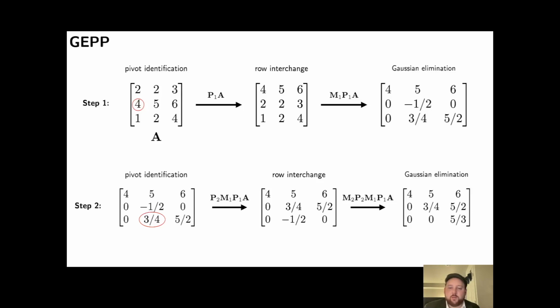So what this tells you is that we've come up with these P's and M's such that M2 P2 M1 P1 A is equal to U, for an upper triangular matrix U. Right, so there's your example, walking you through Gaussian elimination with partial pivoting for a very simple 3x3 example.